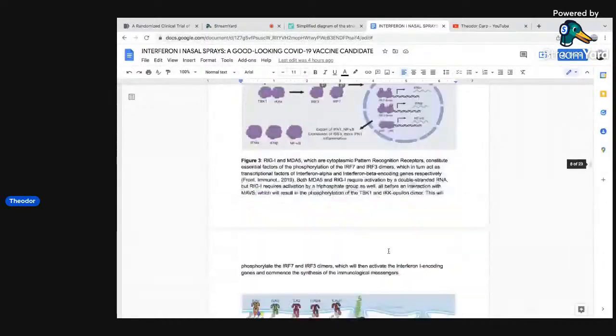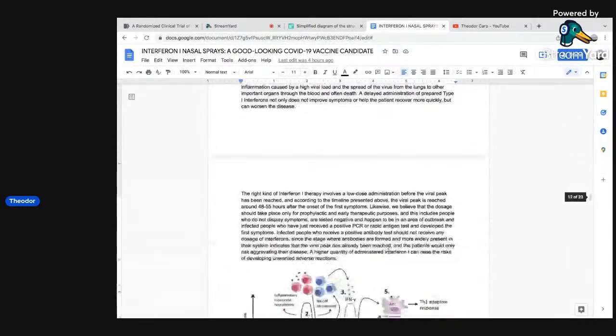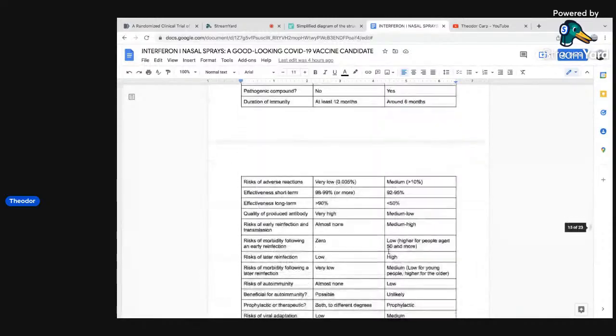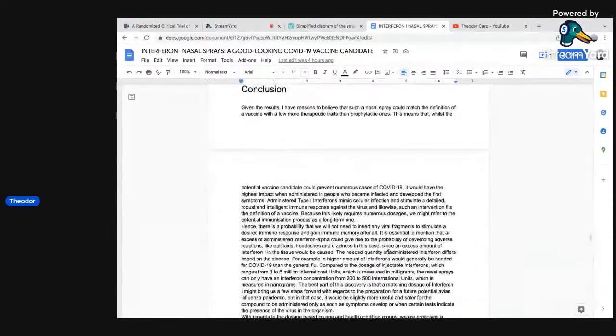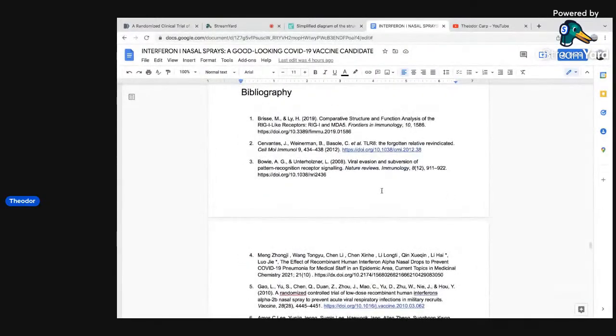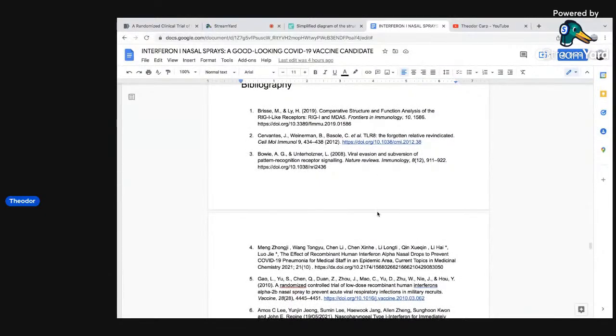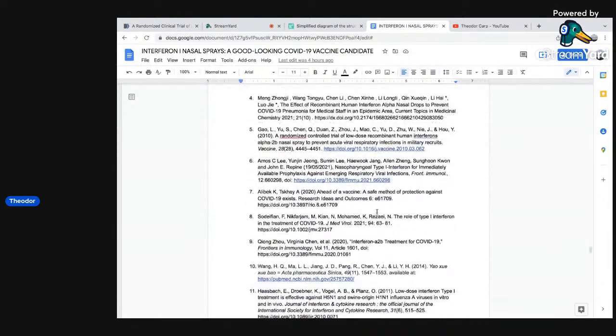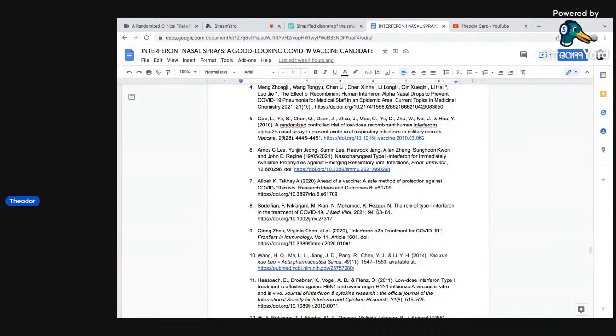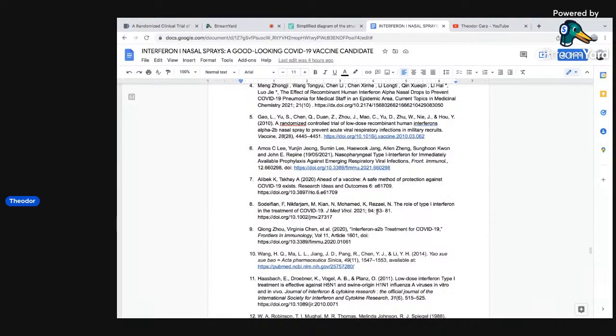Let me just go to the references for a little bit. We have the conclusion here, and we have the bibliography. We have a number of references, which include the clinical trials using type 1 interferons, interferon alpha and interferon beta nasal sprays.